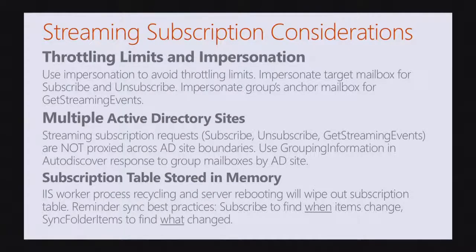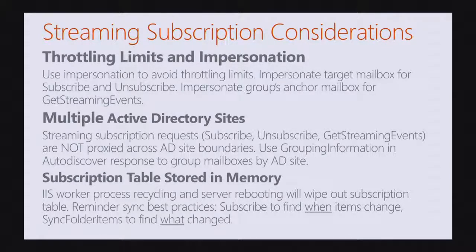So some considerations here. Throttling limits, which I've talked about in previous sessions. Basically, impersonation is a great way to avoid those throttling limits. The way we apply throttling with a service account impersonation scenario is any of the connection limits or subscription limits are decremented against the impersonated user's throttling budget.